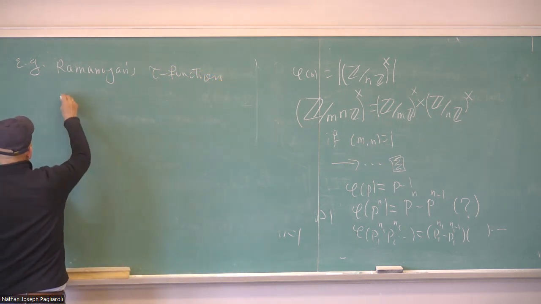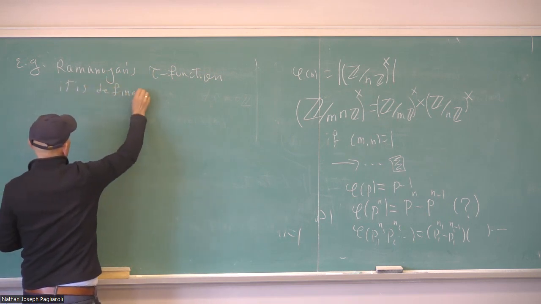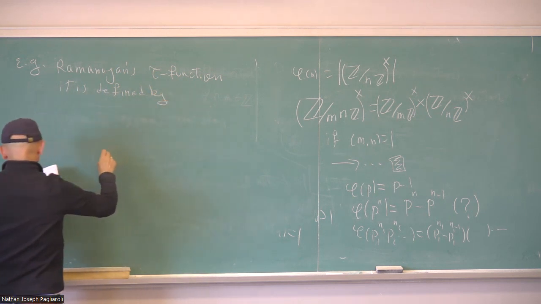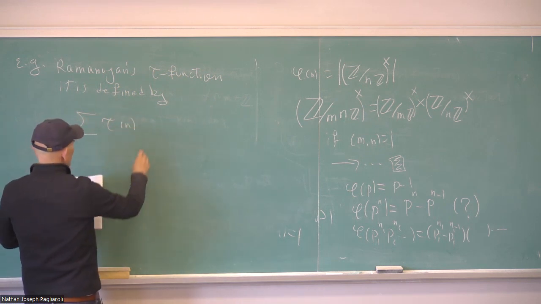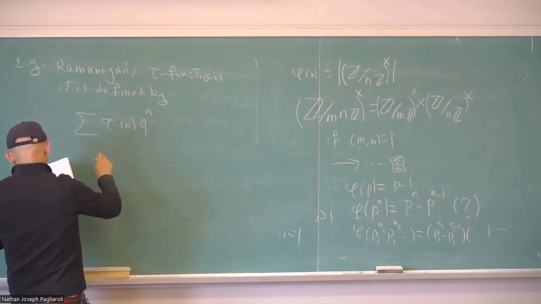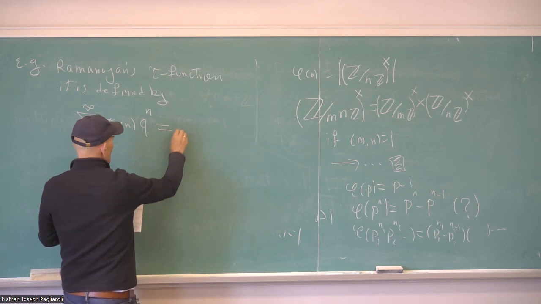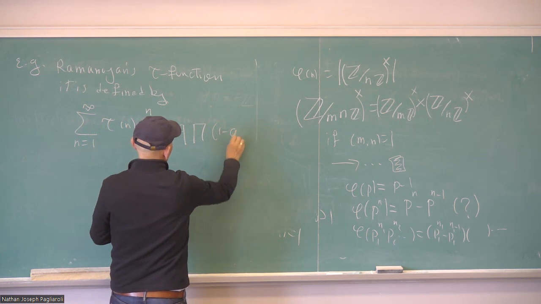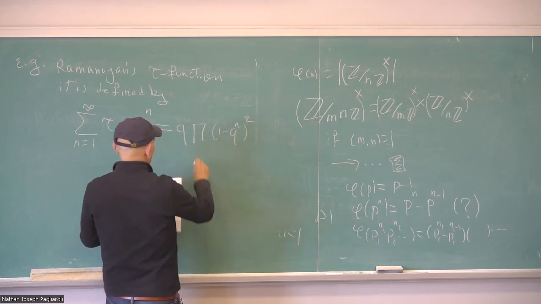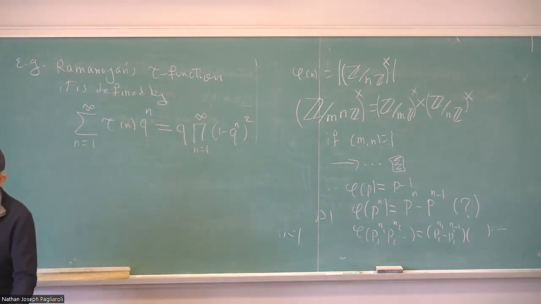It is defined from the sum of tau(n) q^n, n from 1 to infinity, is equal to q times the product of (1 - q^n) squared, n from 1 to infinity. So you might say, okay, what?